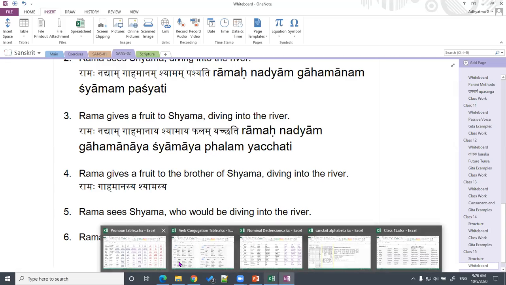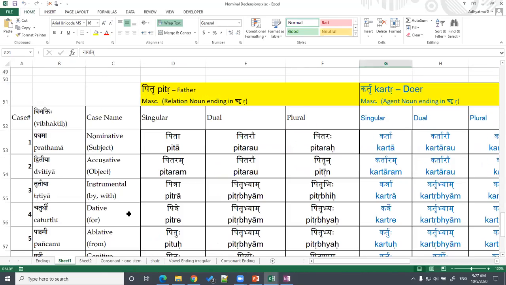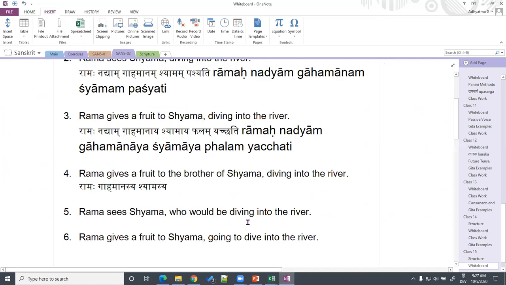Now I hope you remember, we had these nominal declensions for brother, like Pitru. There is a word called Bhratru for brother. It's a Rukaranta relationship noun. So the fourth case singular is like Pitre. So it will become Bhratre. So Shyamasya Bhratre. Phalam Yachati.